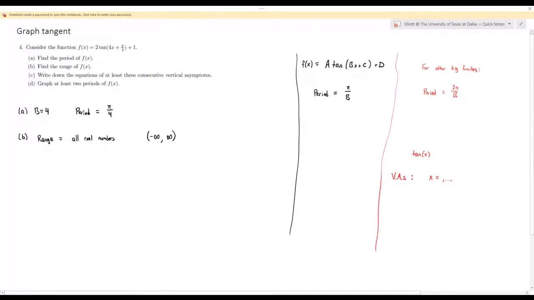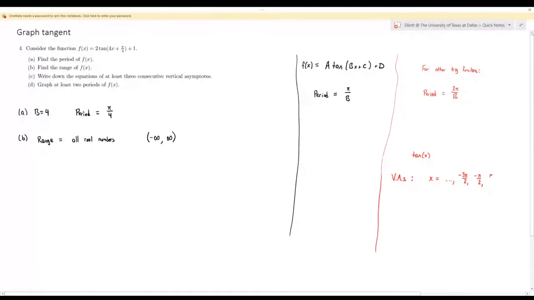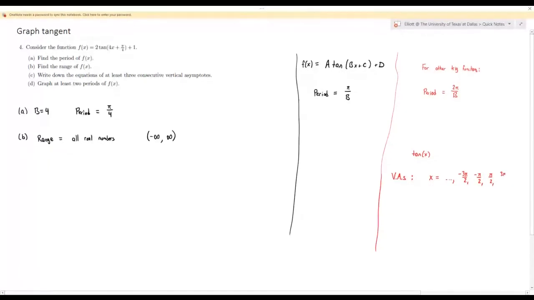If you were to write it out as a list, it would have vertical asymptotes at negative 3 pi over 2, negative pi over 2, pi over 2, 3 pi over 2, 5 pi over 2, etc. Okay. So those are where all the vertical asymptotes of the ordinary tangent function would be.